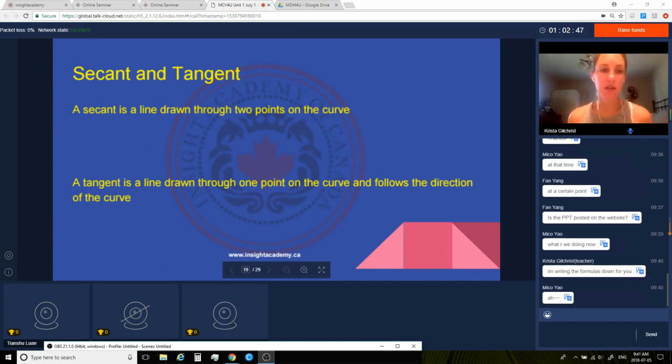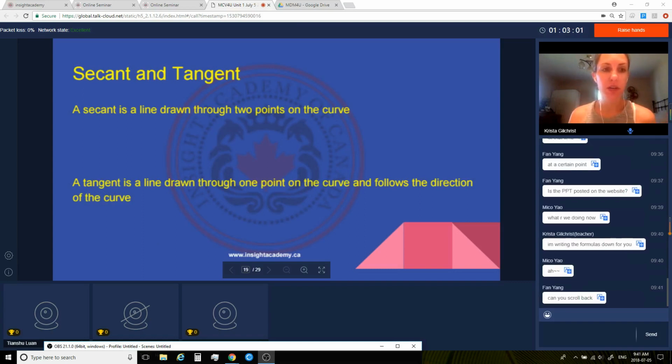And then we'll talk about what a secant is and what a tangent is, okay? So I'll draw a little graph just to illustrate this. A secant is a line drawn through 2 points on the curve, okay? The secant relates to average rate of change.